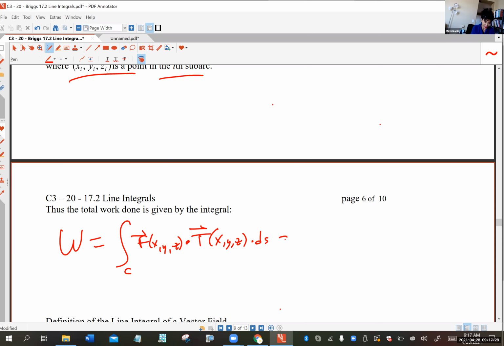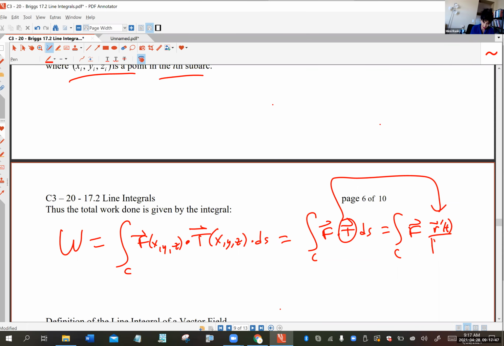Now, if I rewrite this a little less bulky, where I just write F dot T, so it looks a little cleaner, which is standard for most calculus books, then we're going to use some of our knowledge from way back. What is this unit tangent vector? Remember, it was just the unitized velocity vector. Oh yeah, that's right. So let's just write that down. I'm just replacing big T, and there's still a dot product in there.